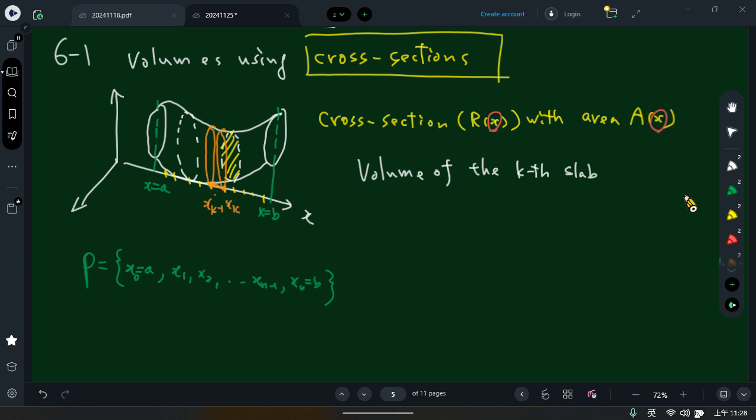Within this is delta sk, just like a Riemann sum, right? Its size is almost the same as vk, A of sk times delta sk. So we can regard this snap as this cross section times delta x.